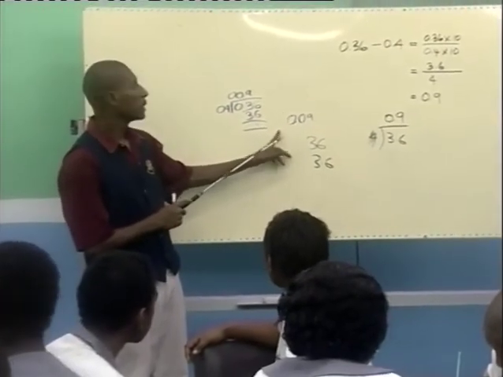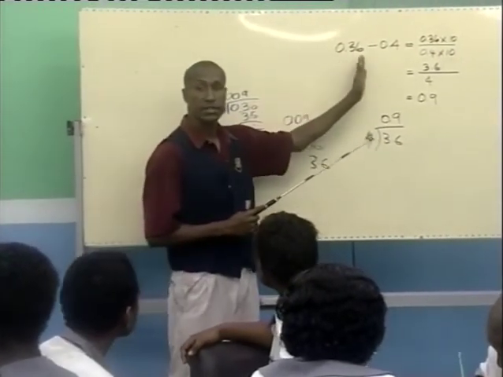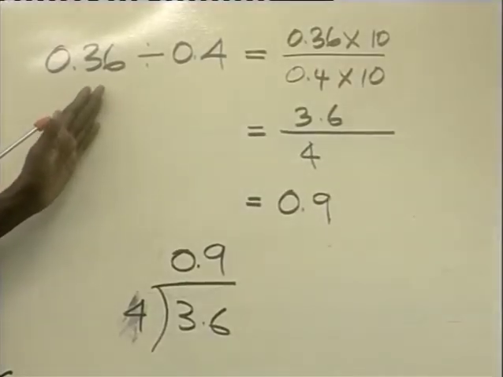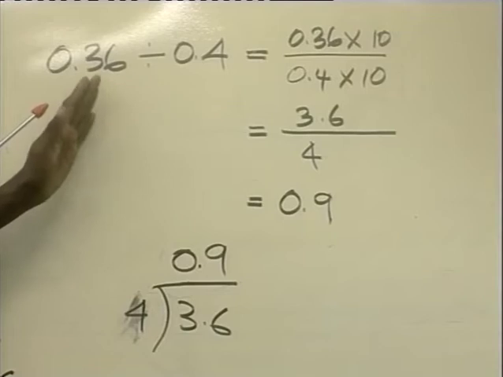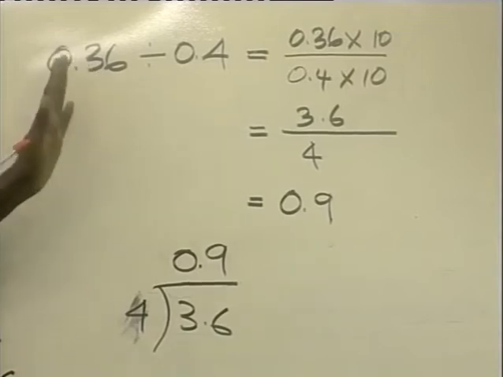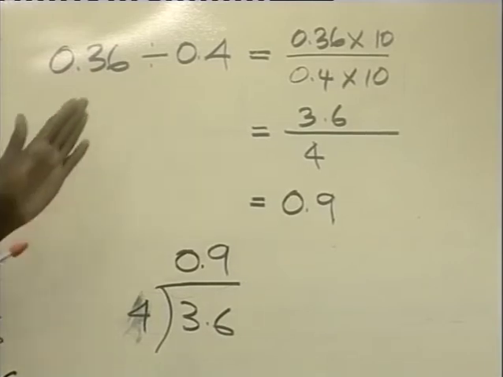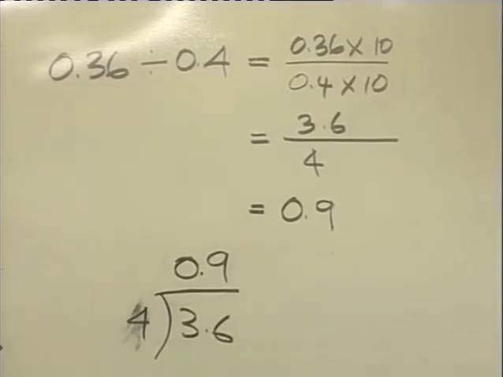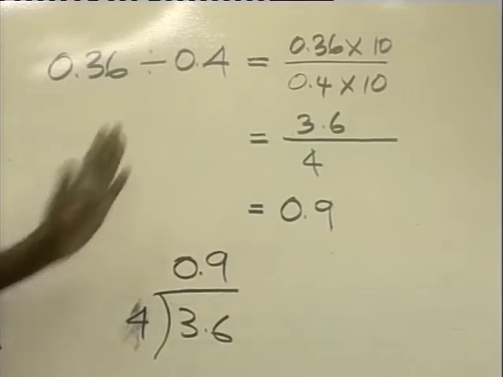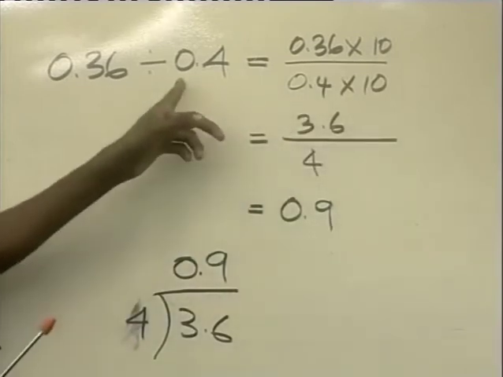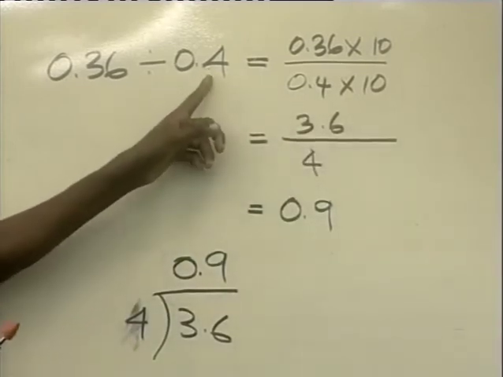No. Okay. Now, receiving students and 8Es, I have just shown you a simple method of how you can divide by a decimal. One thing that I forgot to emphasize here: we are multiplying by 10 because the divisor is to one decimal place.